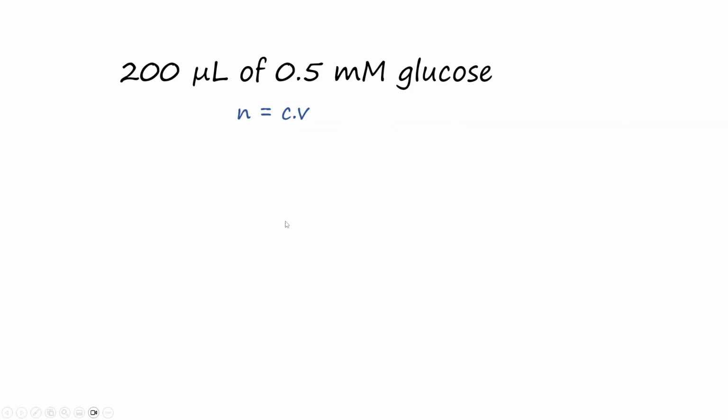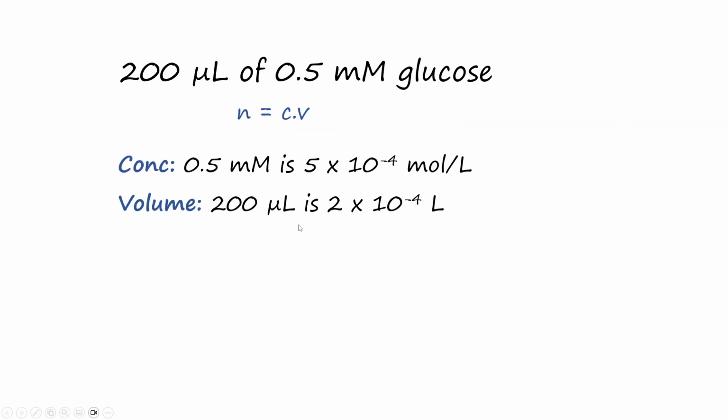In fact, students can get themselves tied up in knots with this one, even though it's as simple as I showed you before, because they can start doing what is actually quite a sensible thing and constructing the 0.5 millimolar as 5 times 10 to the minus 4 and the volume, 200 microliters, as 2 times 10 to the minus 4.